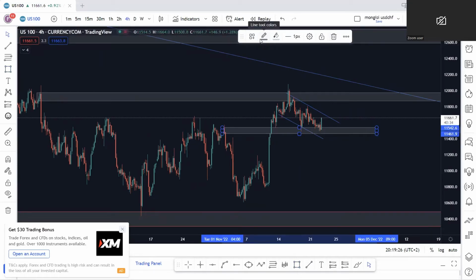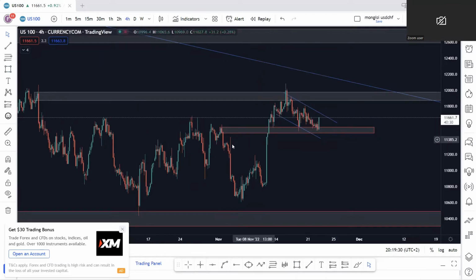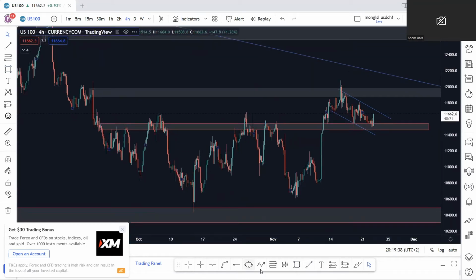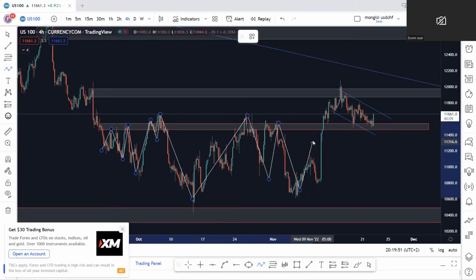This market here has proven to be a very strong resistance. As you can see, the market tried to go back from here, but it couldn't breach. This was just a fake out. It's been failing to break this resistance, as you can see.